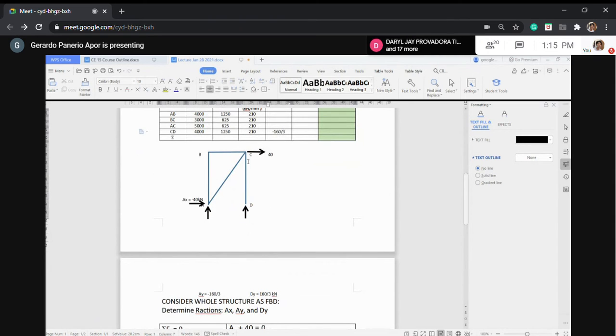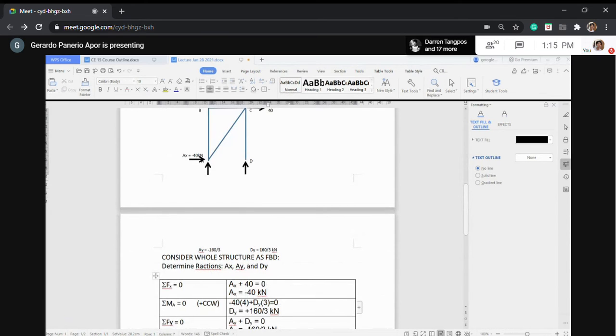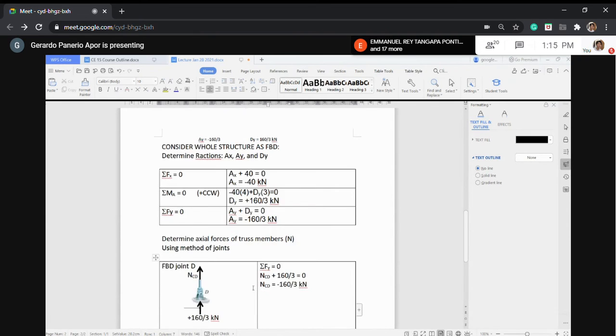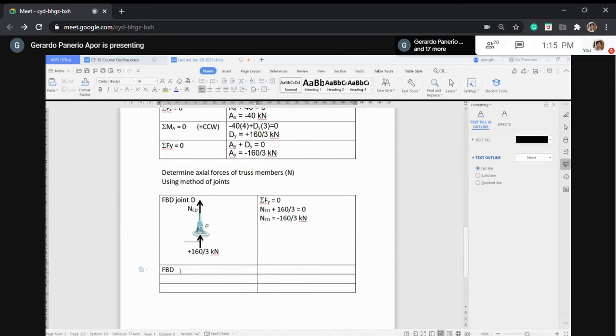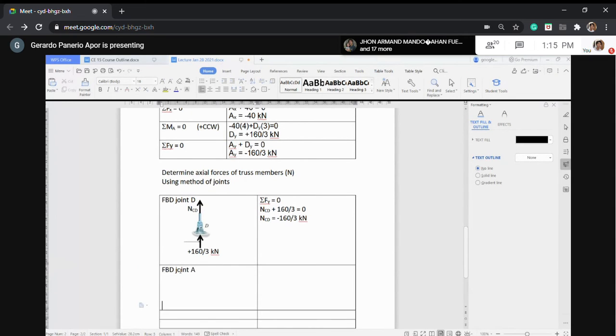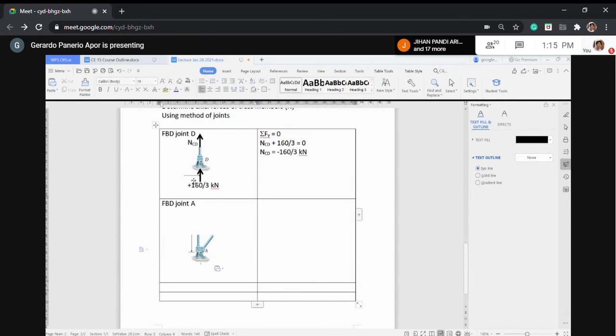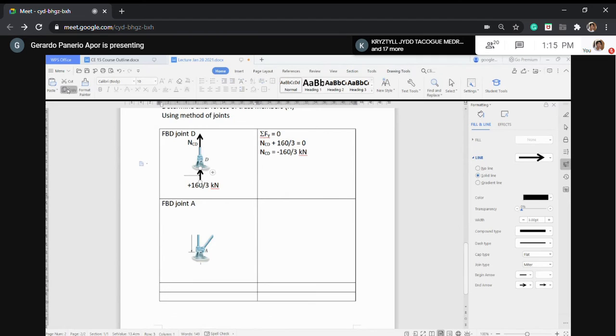Now, let us go to joint A. This is what happened at joint A. Here is the reaction, copy and paste, and the other reaction there.